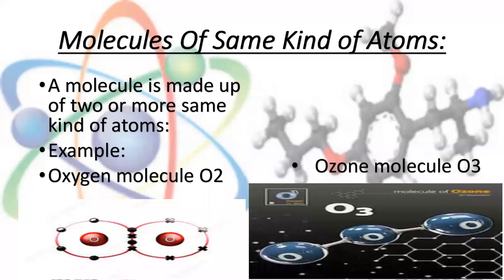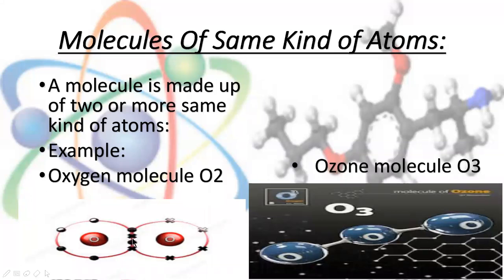Again, I am repeating, whenever two or more atoms of the same kind of element chemically combine, they form a molecule. For example, whenever an oxygen atom combines with another oxygen atom, it forms a molecule. On your screen, you can see that this is one atom of oxygen and this is the second atom of oxygen.